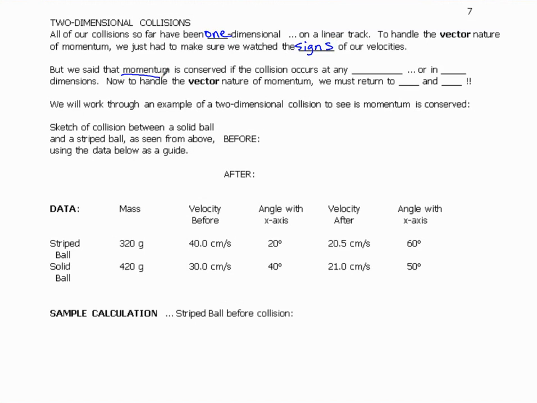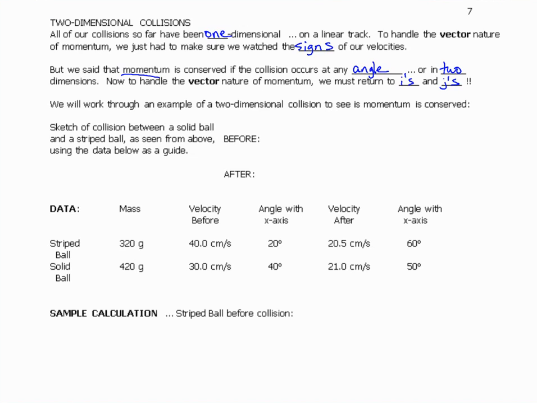But we said that momentum is conserved if the collision occurs at any angle, meaning in two dimensions. Now to handle the vector nature of momentum, we have to return to the I's and the J's. We will work through an example of a two-dimensional collision to see if momentum is conserved.